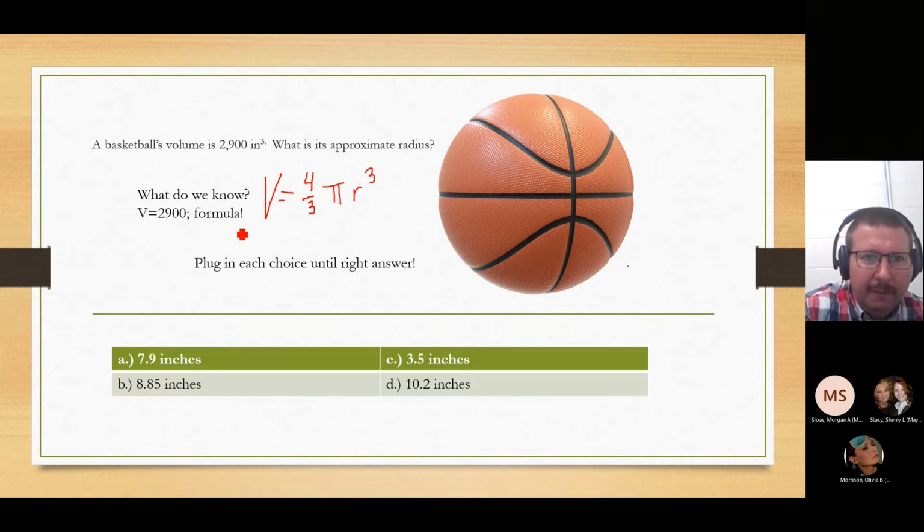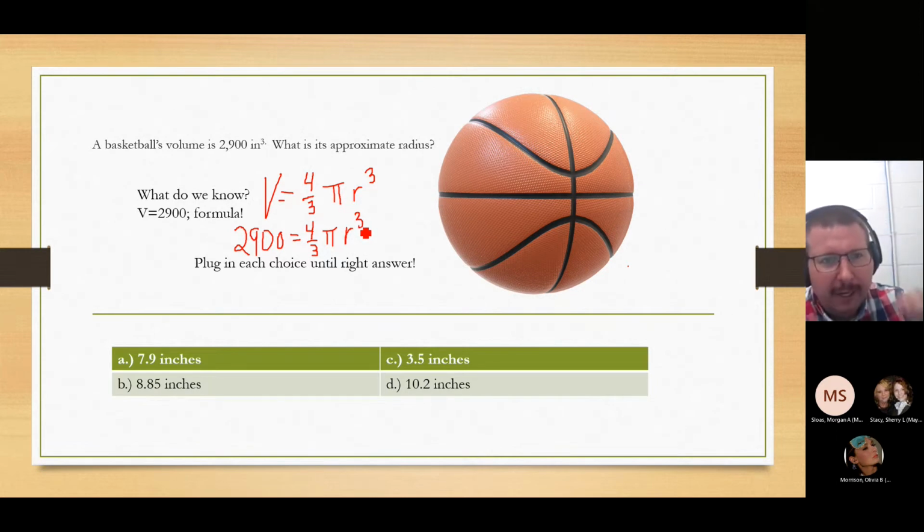So we know the volume formula, we know the volume is 2,900, and we know the rest of the formula is 4/3 pi. We don't know radius, I'm just going to put in r to the 3rd power.